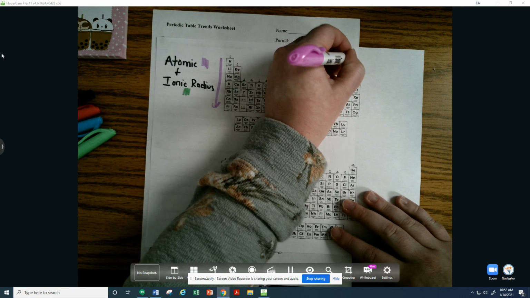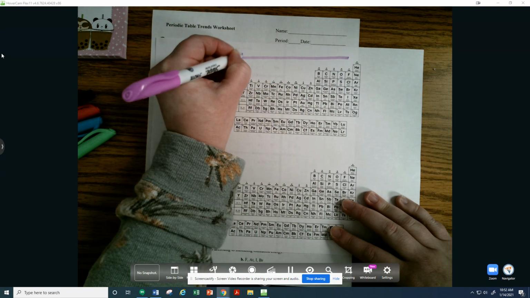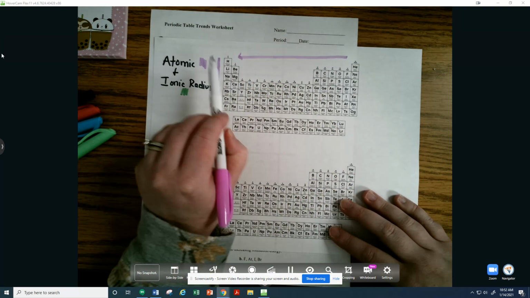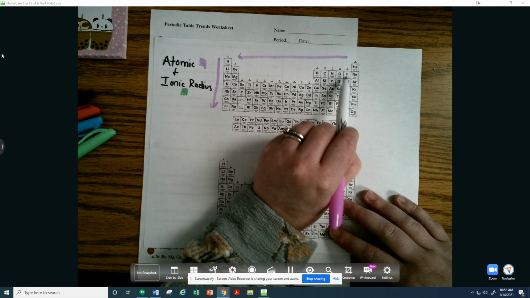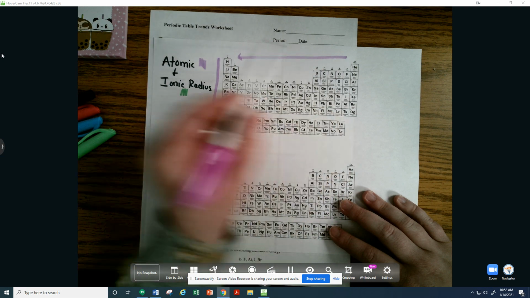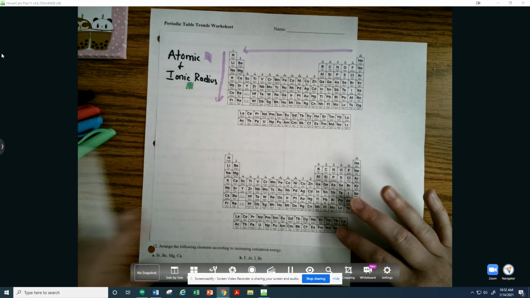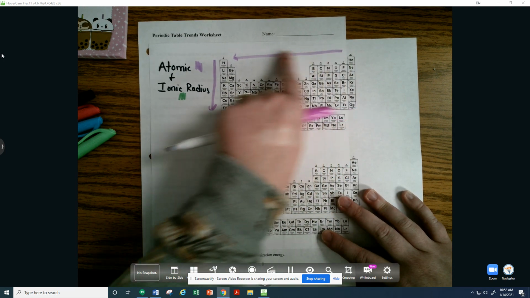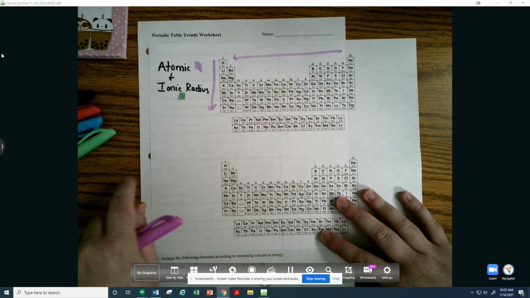It gets larger as you go to the left because fluorine, for example, has more protons than lithium. And so these 9 positive protons are going to have a greater pull on the electrons than the 3 protons lithium has. So the summary of atomic radius is it gets bigger to the left and down the family.